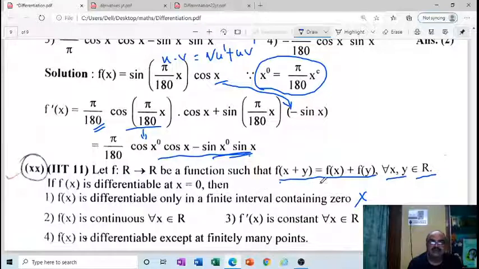For all values of x, y belonging to R, this implies f of x is equal to ax, where a is a constant.